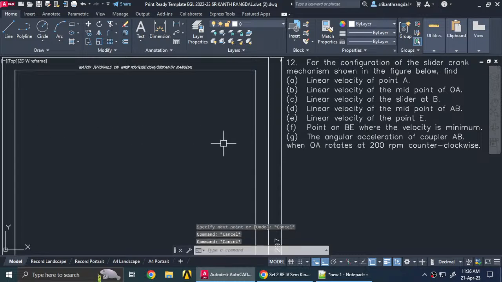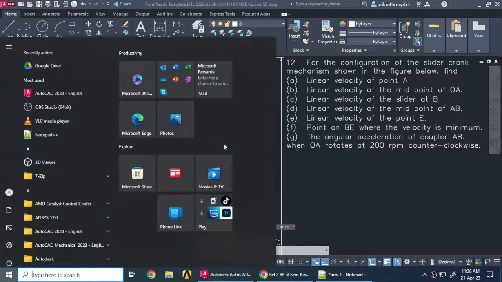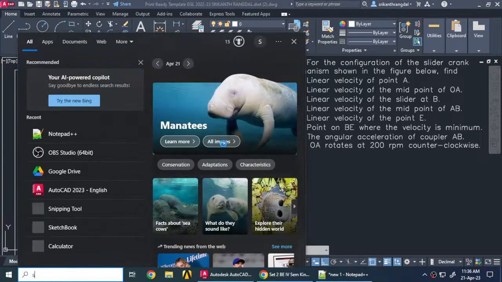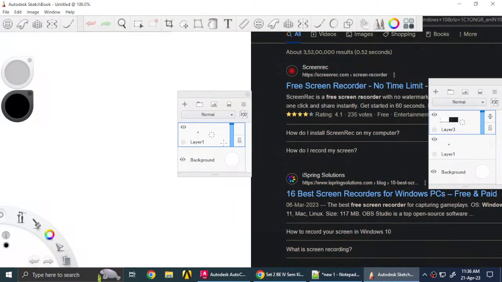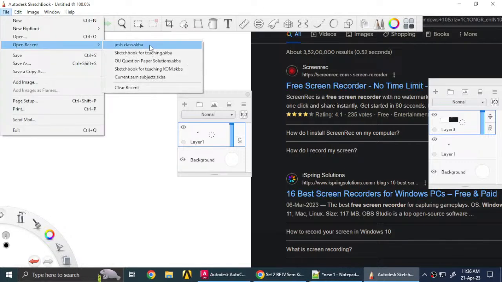Let's take the scale here. We'll have to use some scale because in true shape we won't be able to draw the particular thing, right?